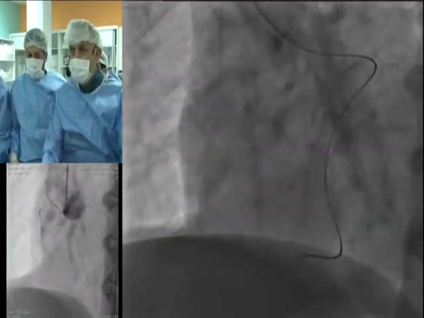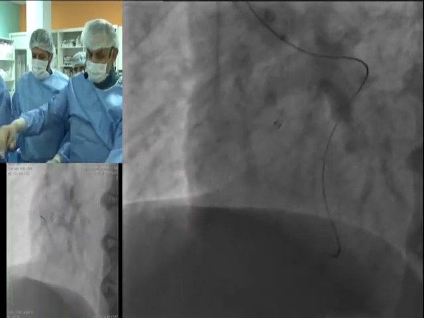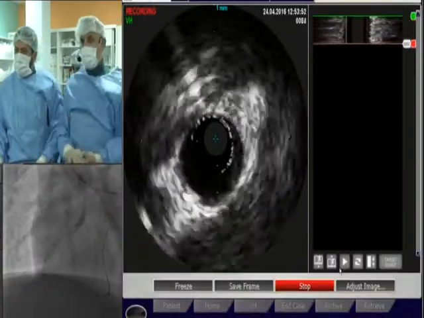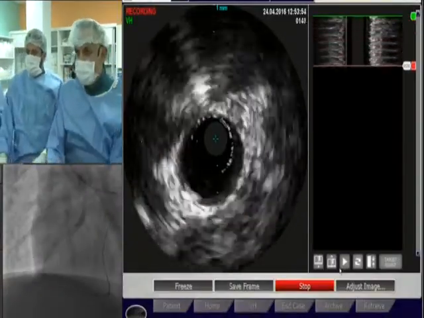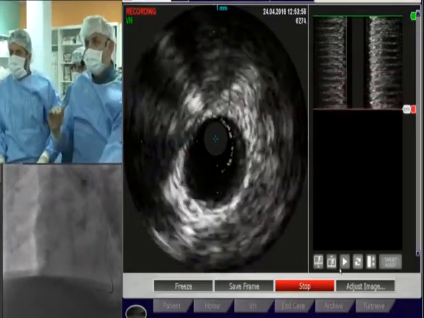We will give some more heparin because we also do IVUS here. That's the big difference before and after CTO recanalization and stenting. Now the distal vessel is so huge, but before it was very collapsed.